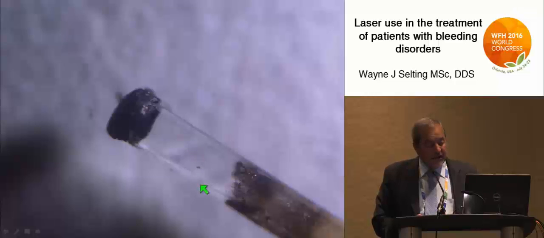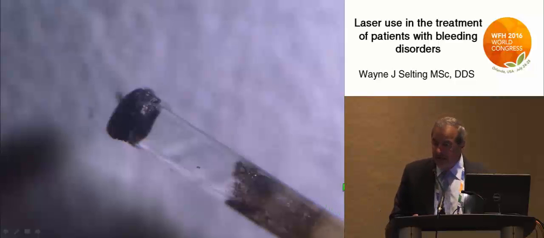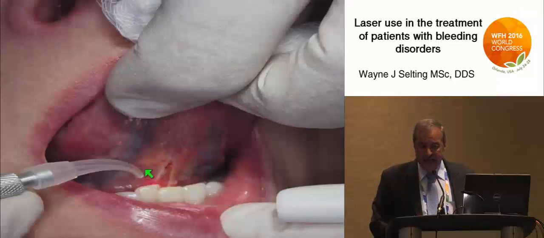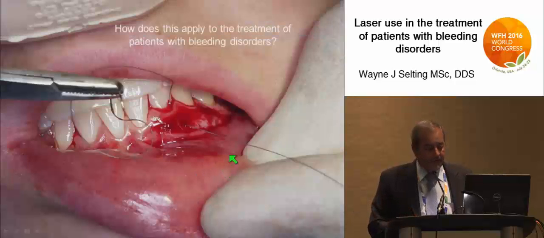This tip right here gets very hot. None of this does. This is what separates it from an electrocautery, where everything is hot and you get tremendous amount of collateral damage. Here, you do not. So you can do surgery like this very simply, very benignly with a diode laser.